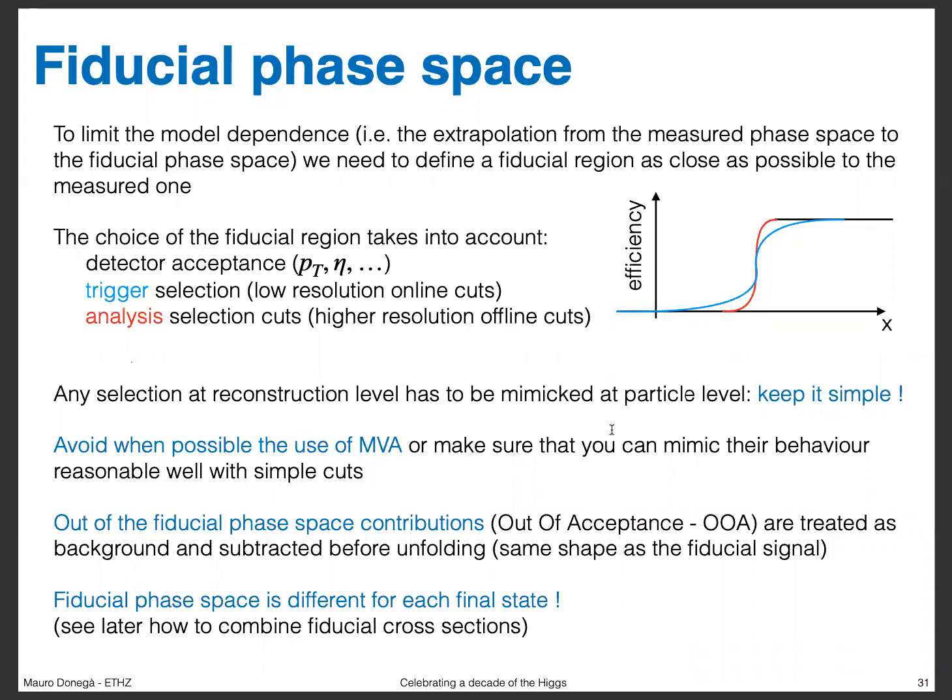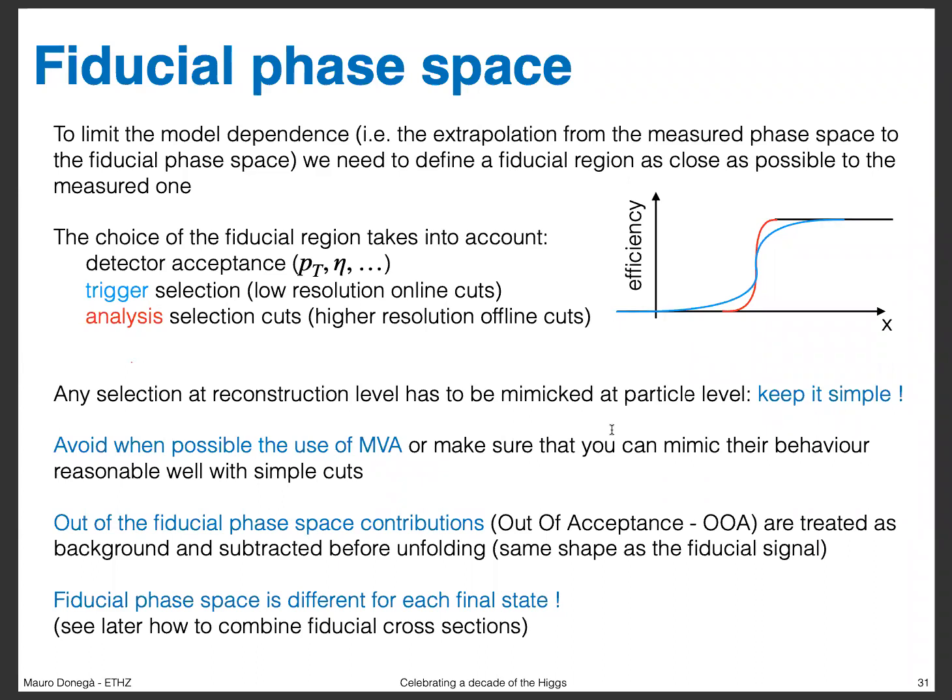If you take the example of the H to gamma gamma, for instance, what do you define as a photon in our detector? It's an object which has an electromagnetic cluster and low isolation energy around it. To have the best possible separation between photons and jets faking photons, we set up a BDT, a multivariate approach to this problem that allows the best separation between photons and fakes.